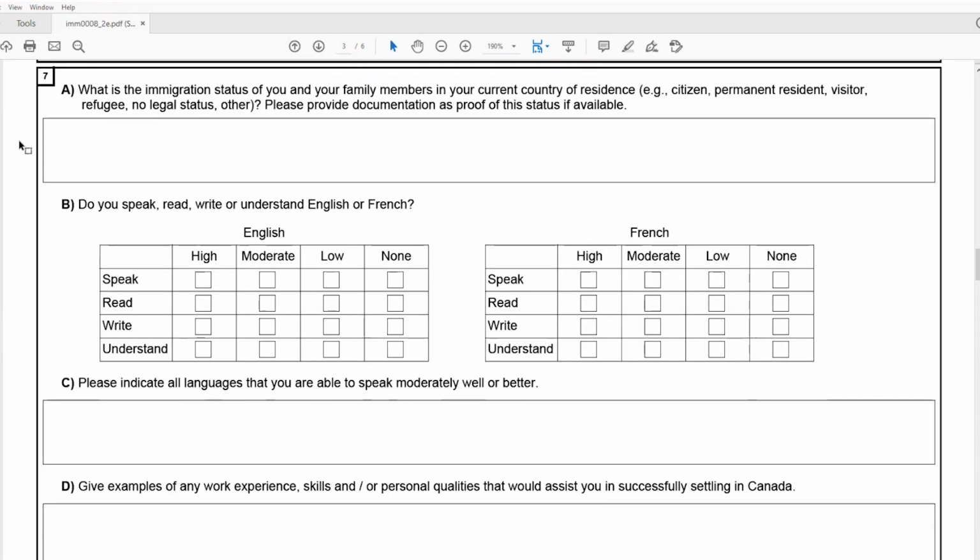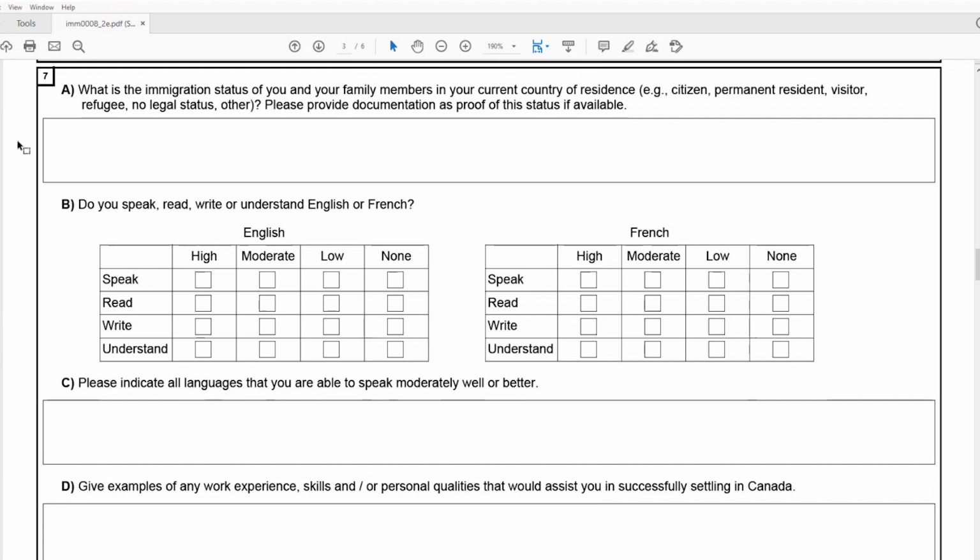For question 7, you want to explain the immigration status for yourself and each of your family members in your current country of residence. So for example, do you have citizenship, permanent residence, a visitor visa? Are you considered a refugee? Do you have refugee status?